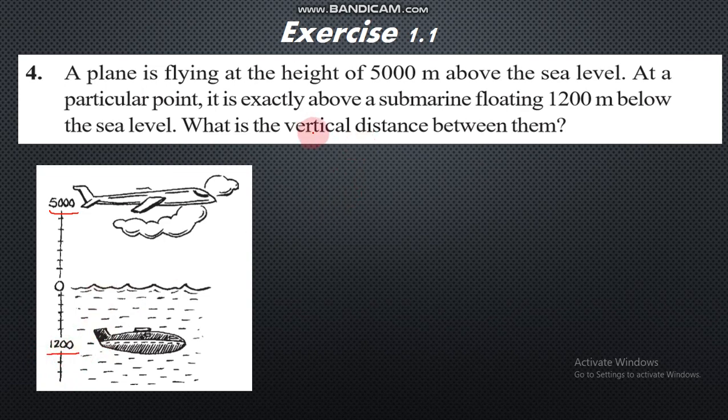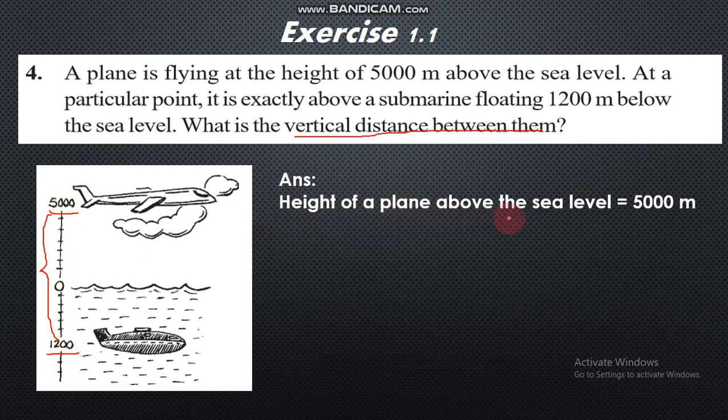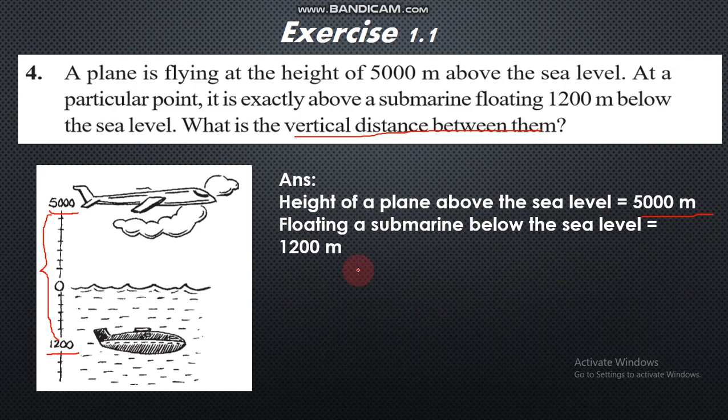And what do we have to find out? We have to find the vertical distance between them, meaning the distance between the plane and the submarine. So it means we need to add these distances. Height of the plane above sea level is 5000 meters. The submarine is floating below sea level at 1200 meters.